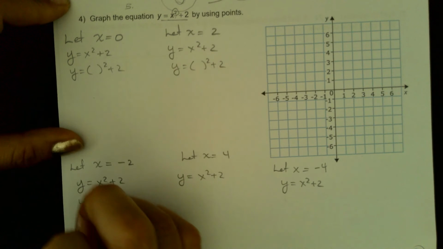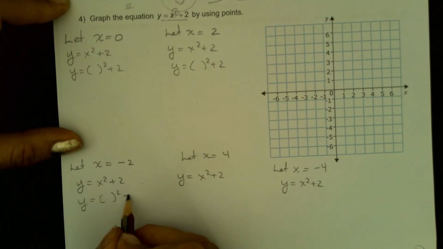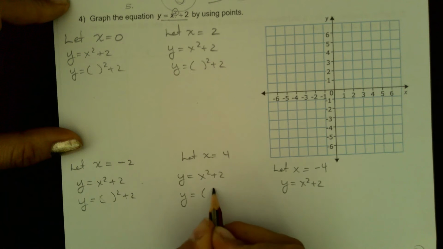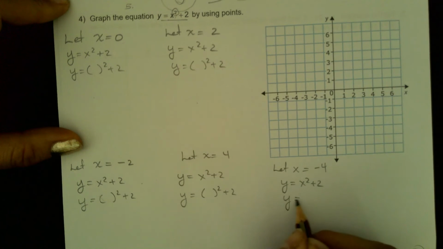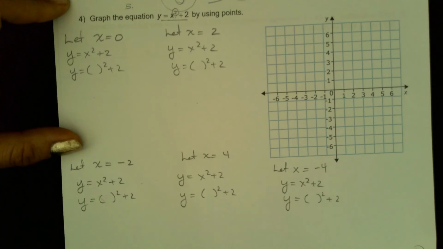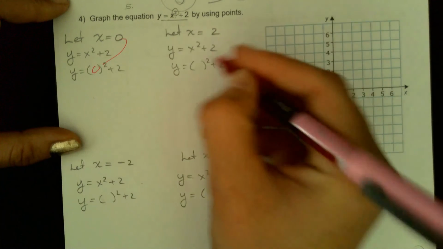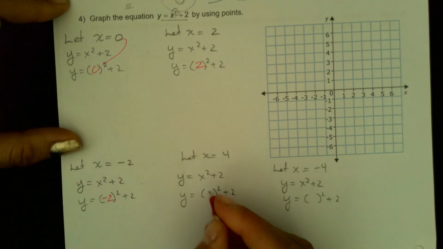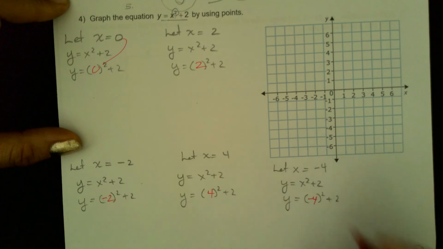That's not a bracket. And now I'm going to substitute in the values that we picked from our head. 0, 2, negative 2, 4, negative 4.